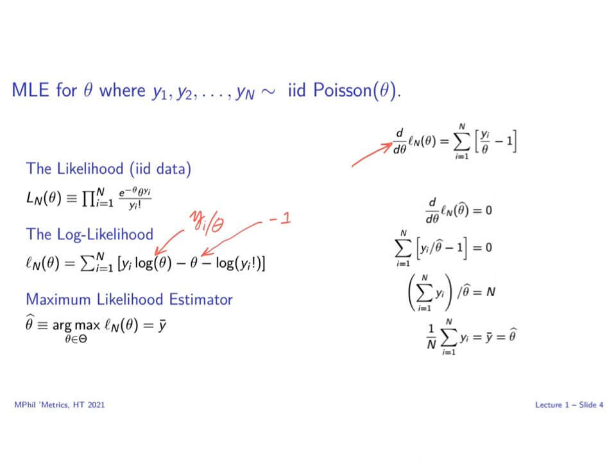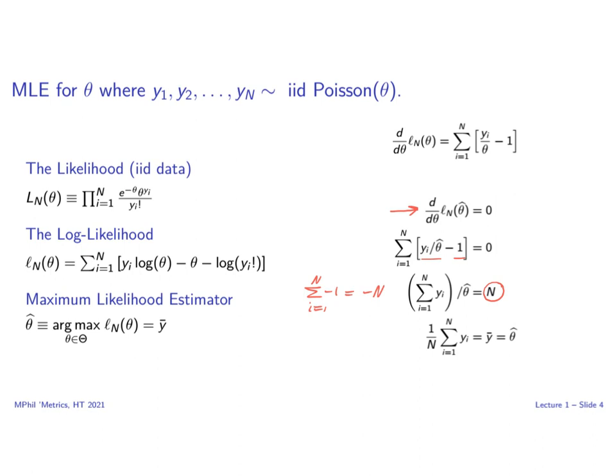Now, if we take the first order condition, set this derivative equal to 0, we end up with the sum from i equals 1 to n of yi over theta hat minus 1 equals 0. So rearranging this, the sum of minus 1 n times is just minus n. I can bring that to the other side of the equation.